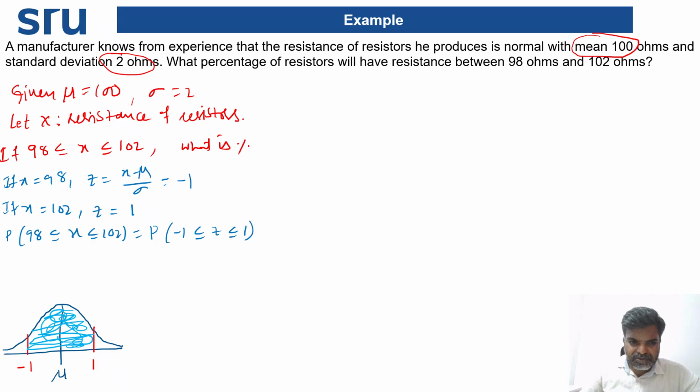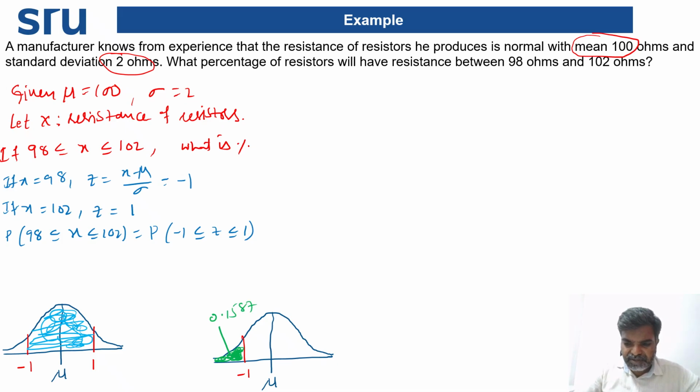To find this value, first you have to see the table. In the table you have to see -1. So z equal to -1. If you look up -1 in the table, it gives this left side area. The table always gives the left side area of the z value. This area is 0.1587.